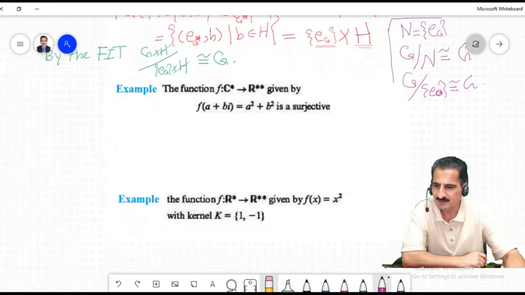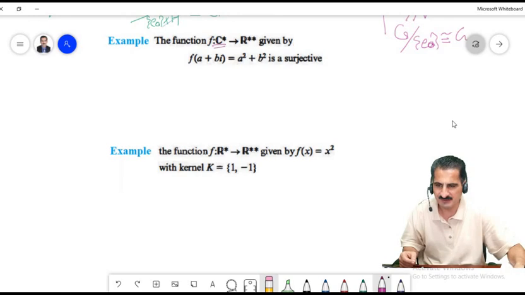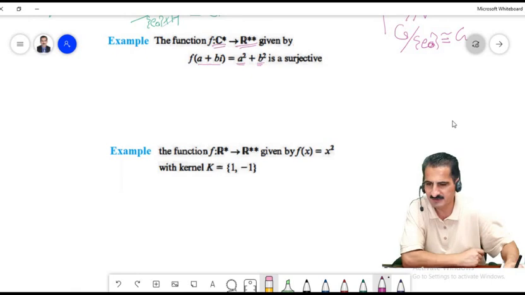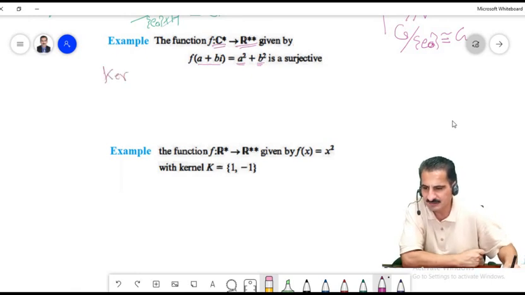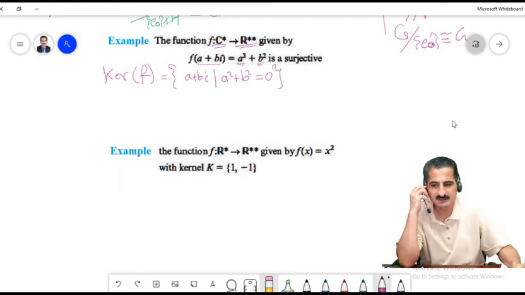Okay, another example: the function that goes from the set of non-zero complex numbers to the set of positive real numbers, and the map takes a plus bi to a square plus b square. This is for people who know complex numbers. So the kernel of F will consist of a plus bi such that a square plus b square gives 0, where a and b are real numbers.